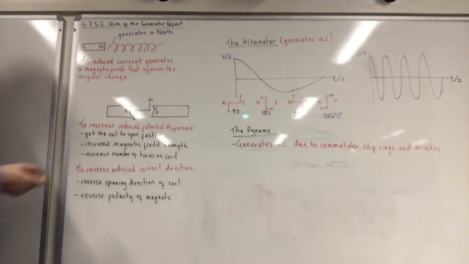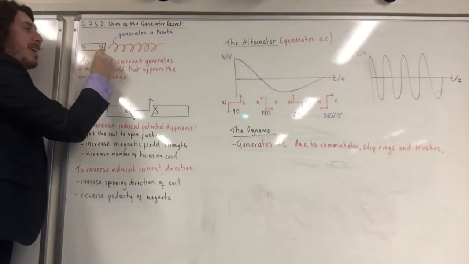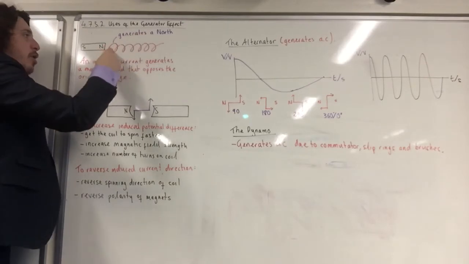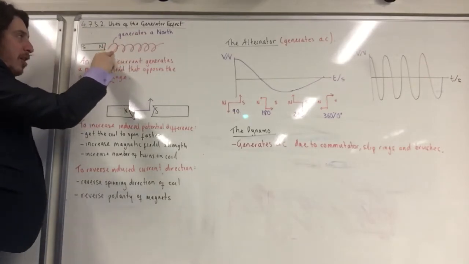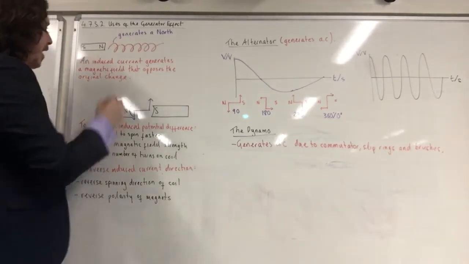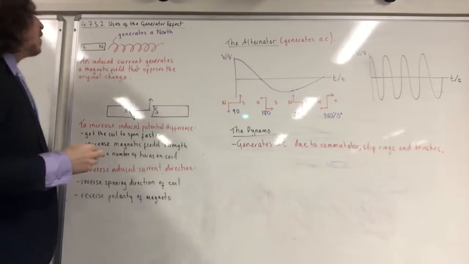So what actually happens when we induce a potential by moving the magnet inside the coil, this will generate a north pole at this end of the coil, and that opposes the motion of it going in. So it causes a decelerating, retarding force of it going in.